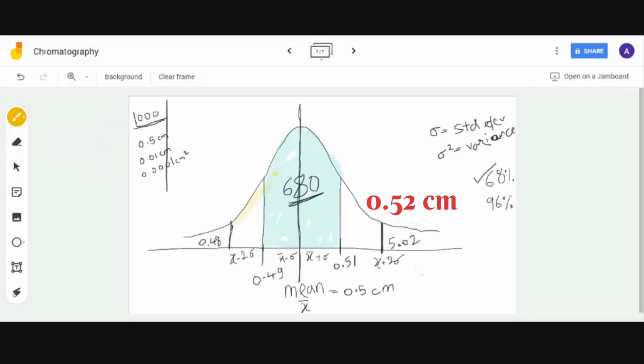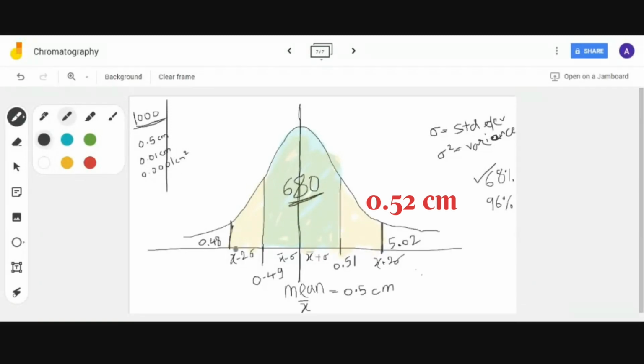I will color the larger area. I hope this color is visible to you. This large area of the Gaussian curve between x plus 2 sigma and x minus 2 sigma, that is between 0.48 to 0.52.